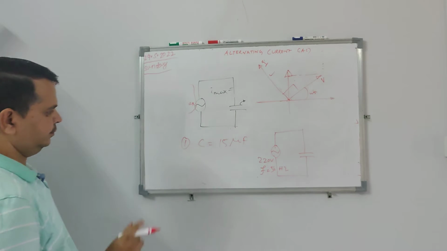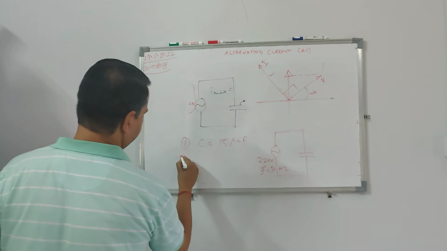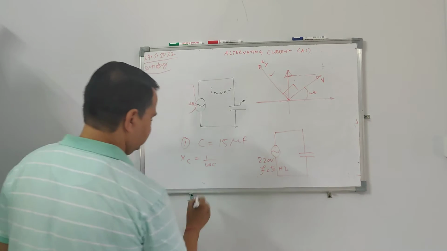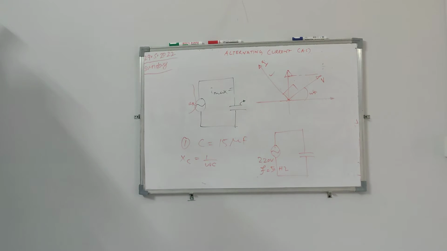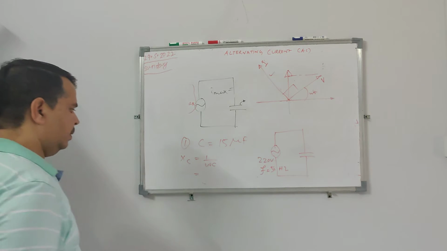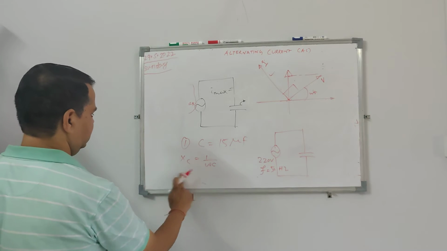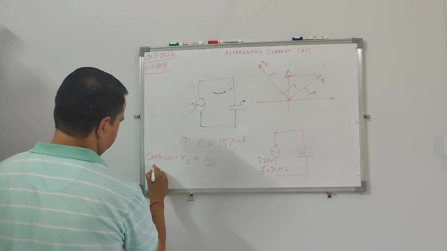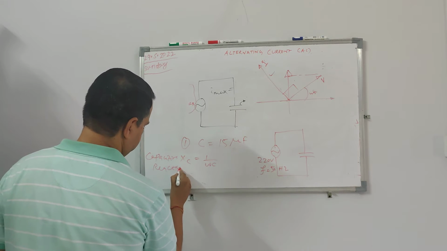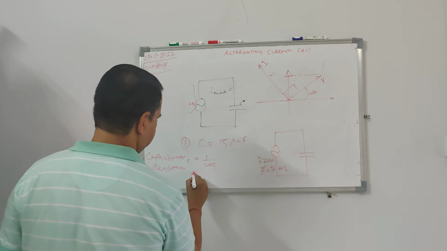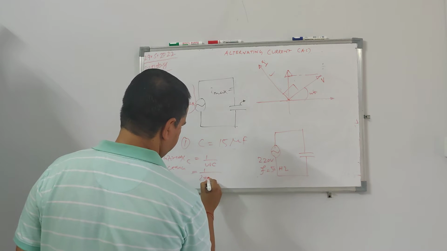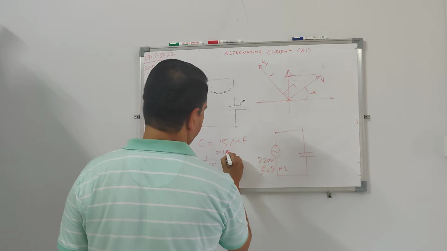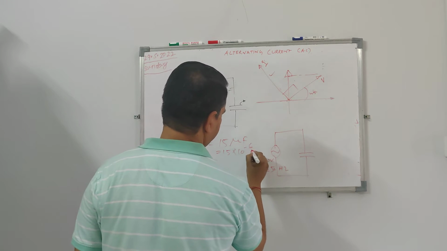The first question is to find the capacitive reactance, XC, which is 1 by omega C, that is, 1 by 2 pi f C. The capacitance is in microfarad, so you have to convert it into farad, 10 to the power minus 6 farad.